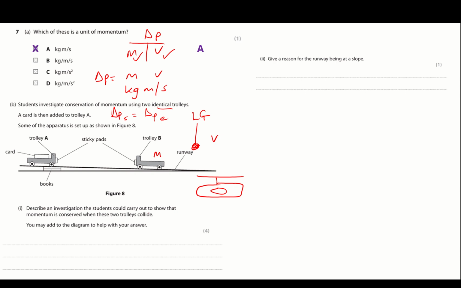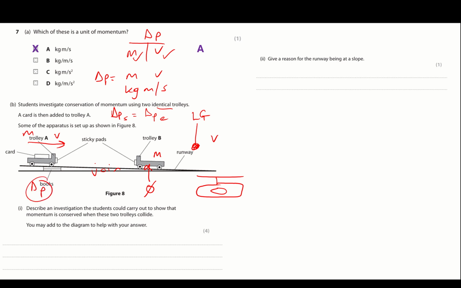It says describe an investigation the students could carry out to show that it's conserved. Okay, so we've got two trucks. Let's go through the basics. Let's have that one stationary. We've got sticky pads so that they join together, and then we're going to push this along with a given mass and a given velocity. After that, this one's got momentum.